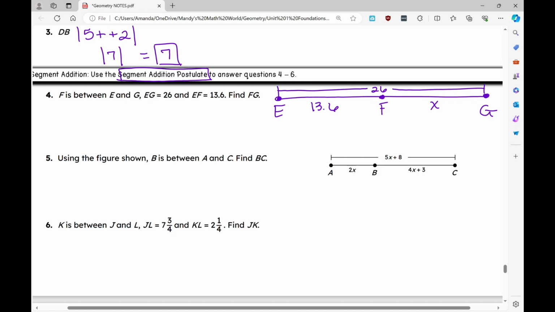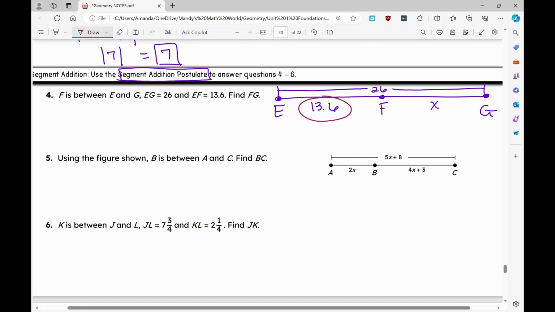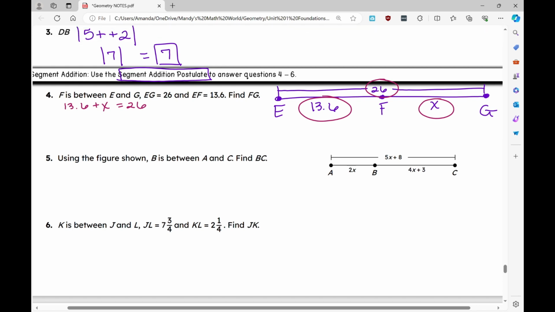So our segment addition postulate would state that 13.6, and I'm going to change colors here, 13.6 plus x equals 26. Let's write that down. 13.6 plus x equals 26. How do I solve for x? I'm going to subtract 13.6 from both sides.